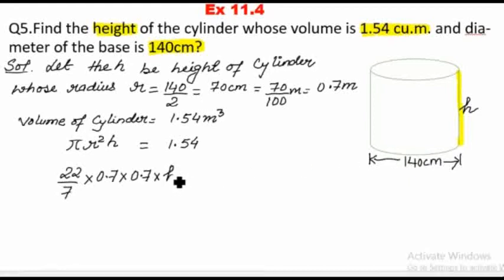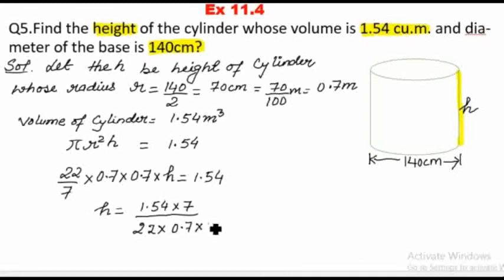So h is equal to 1.54 into 7 divided by 22 into 0.7 into 0.7.